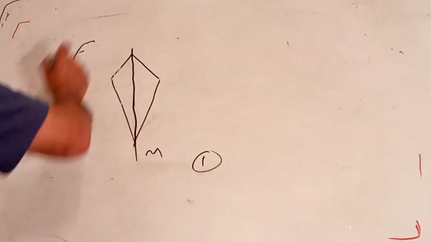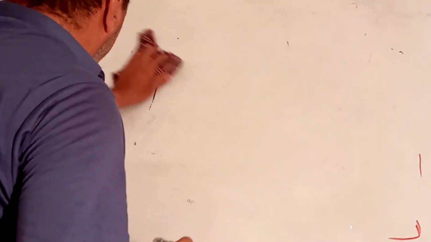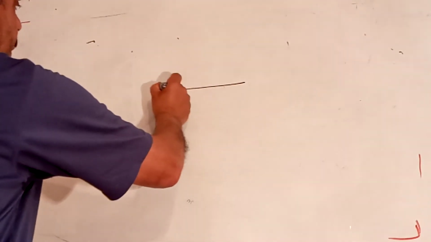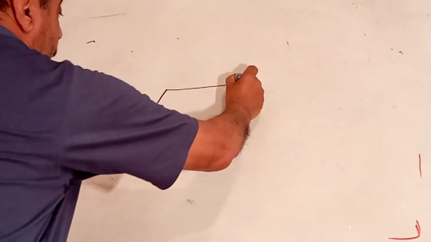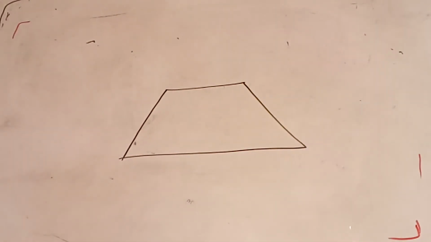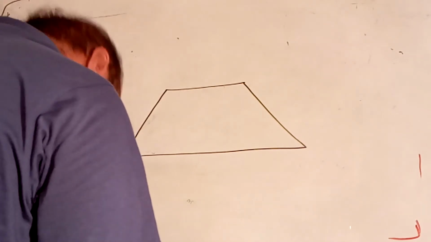Let me do number G. Number G we have like this. Okay, this one here, trapezium.